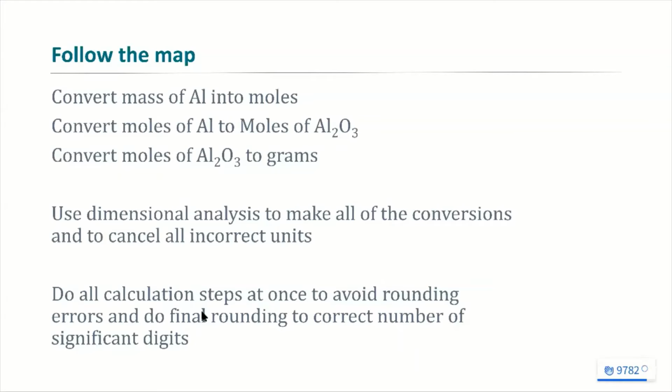As I did in chapter 2, dimensional analysis, unit conversion is the easiest way to go about this. Do it all in a series of sequential steps, just one conversion after the next, and round everything at the very end so that we don't get big rounding errors when we do our significant figures.